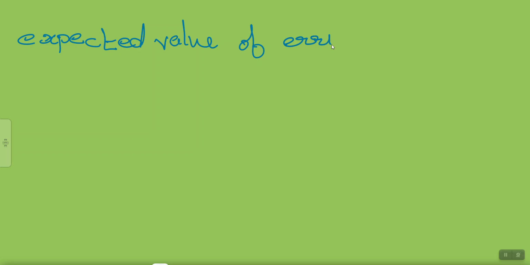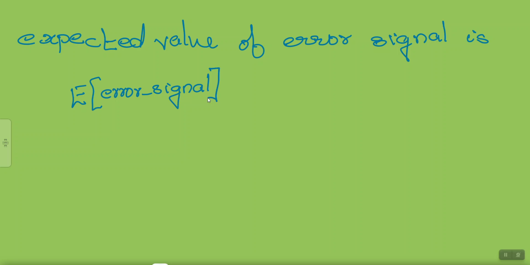So the expected value of the error signal, E of e, is equal to 1 by q into the integral from minus q by 2 to q by 2 of e de.